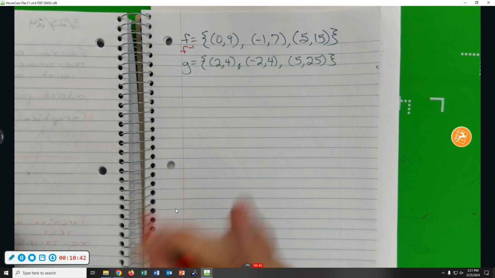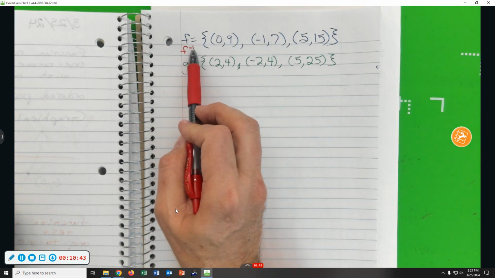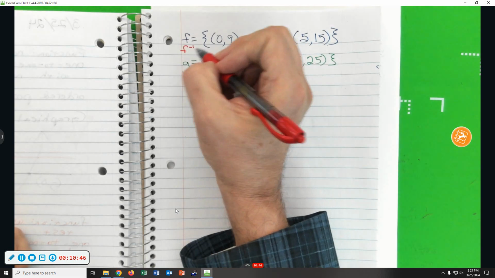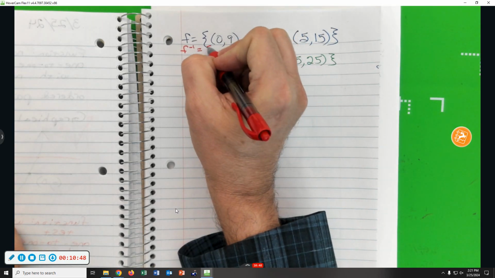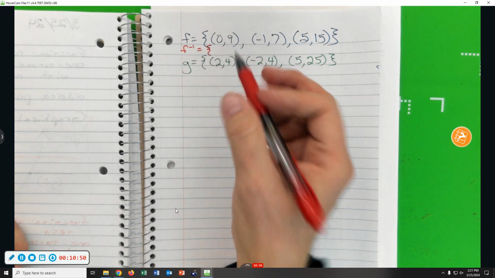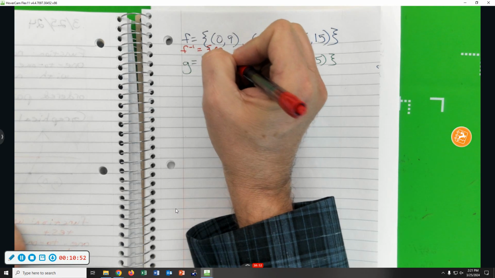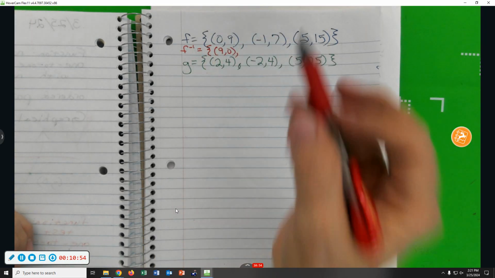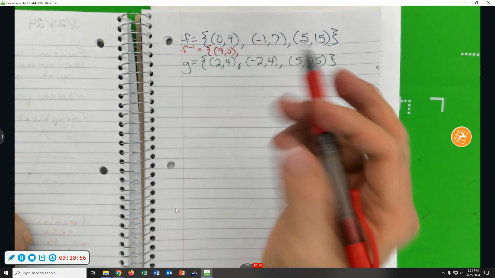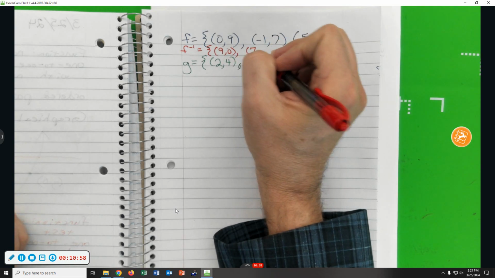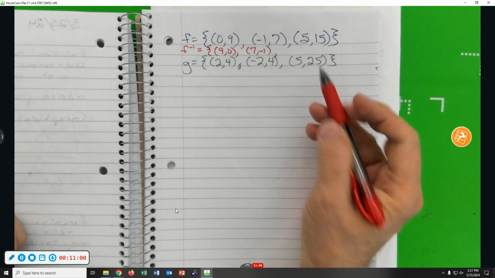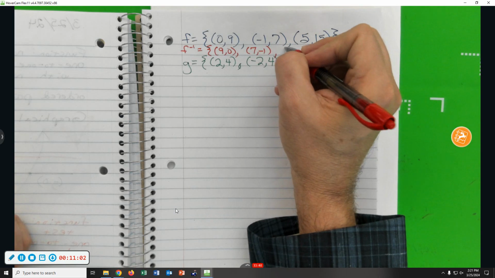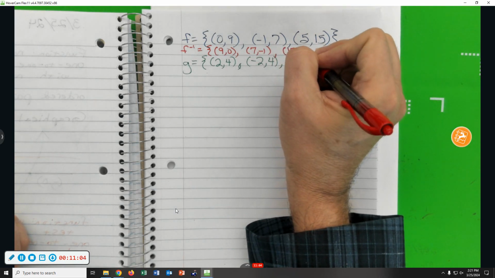That little -1 says you're reversing the ordered pairs. (0, 9) becomes (9, 0). (-1, 7) becomes (7, -1). And (5, 15) becomes (15, 5).